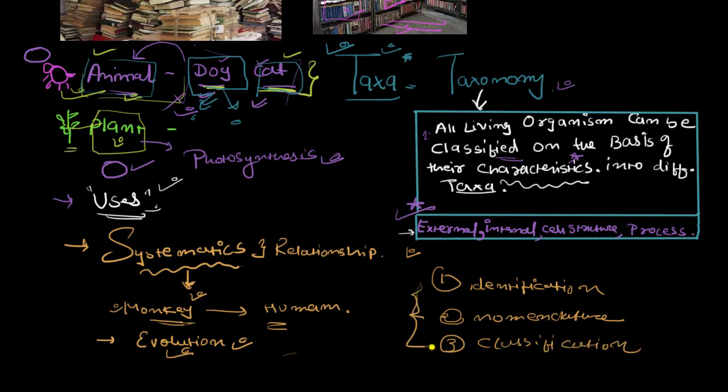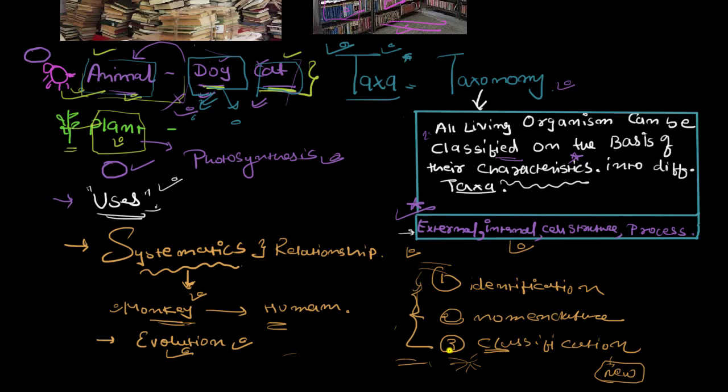All of this together is included in systematics. So in classification, with these characters, you also see the evolutionary studies: either it is already present, or how similar it is to a previous living organism, or it is completely new, so I have to classify it into a new taxa. You observe all things with these three, and the study of this is called classification.